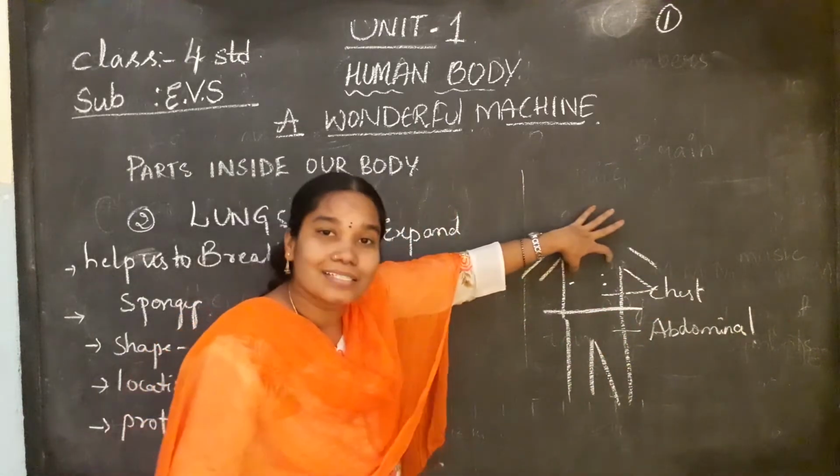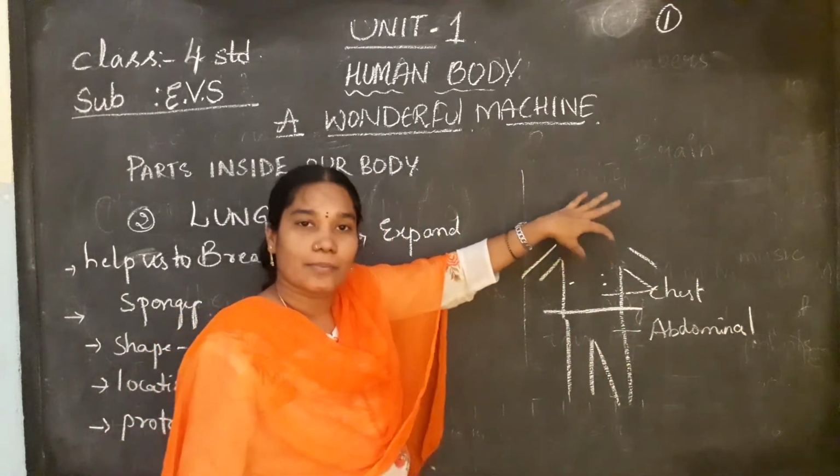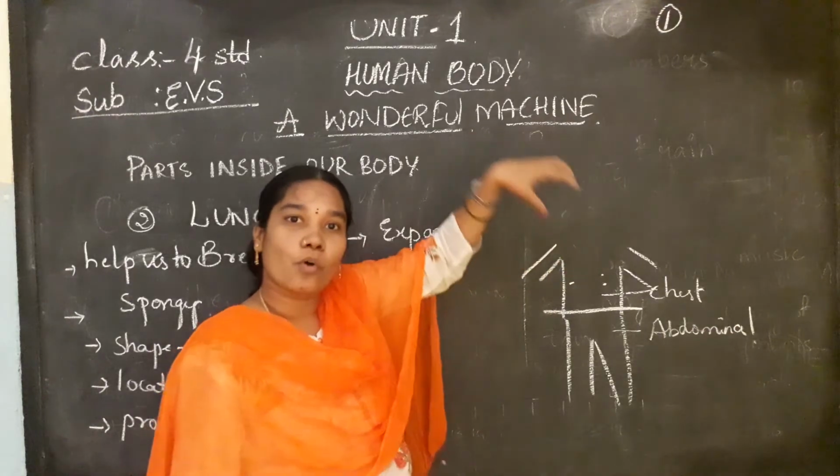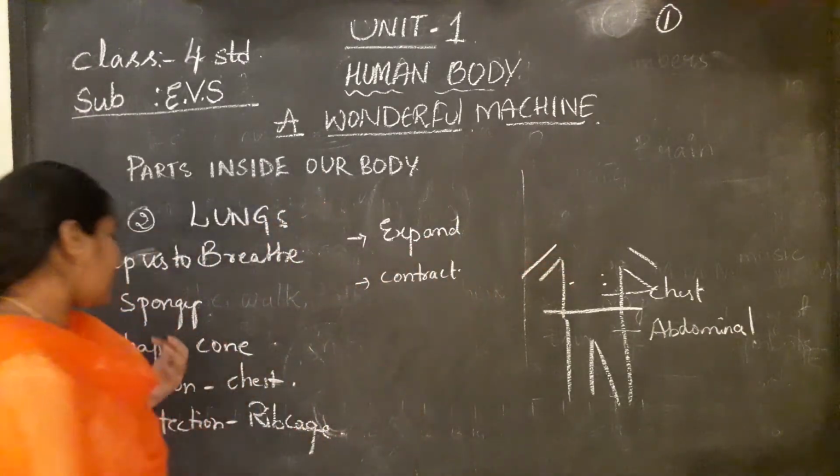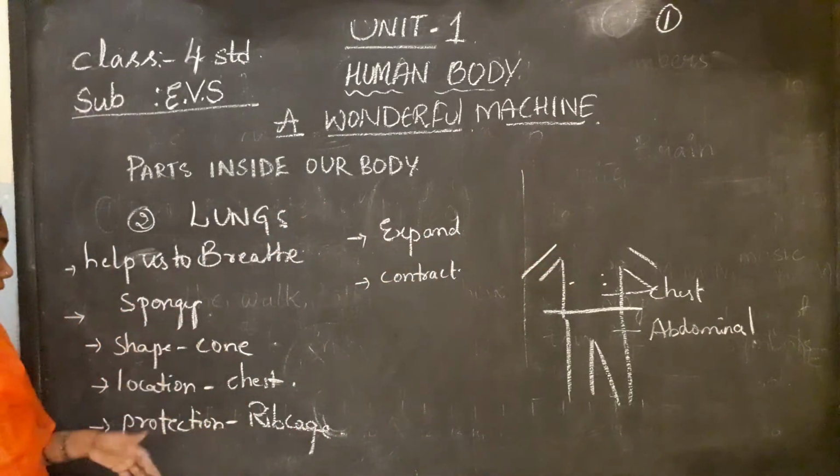So the lungs are present in the chest cavity. They are spongy in structure and cone shaped.